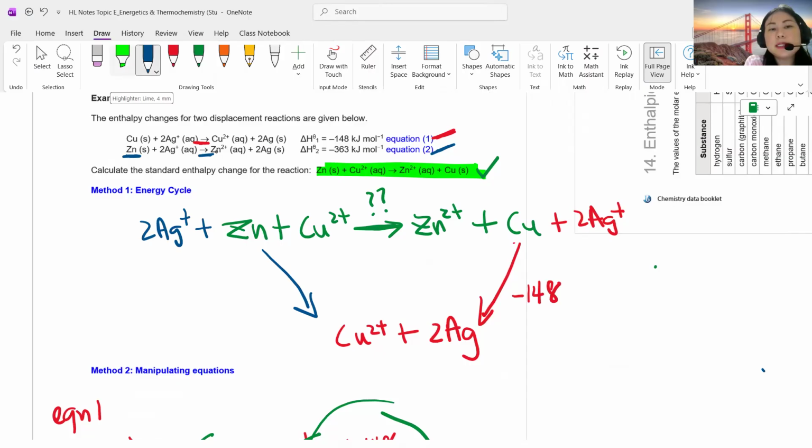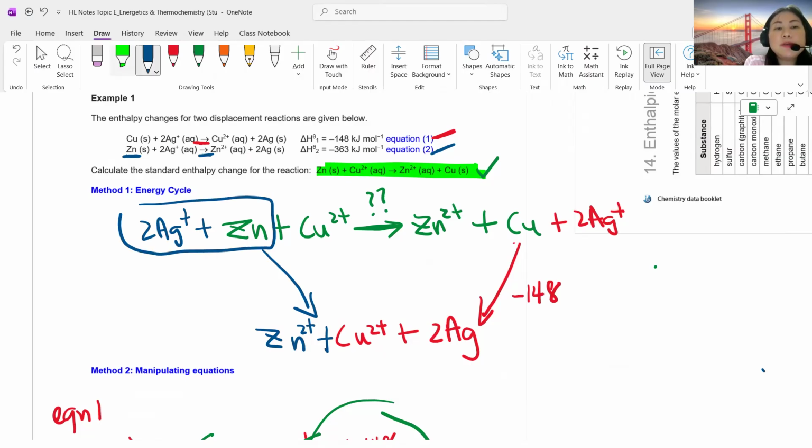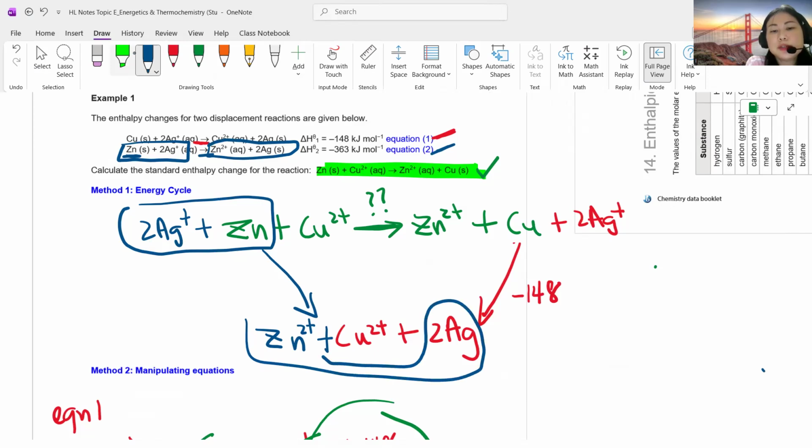And what should I get? I should get Zn2+ plus 2Ag. I have 2Ag, but I have no zinc, so I add zinc here. So it looks very funny, but can you see I'm just hiding equation 2 here? This is the start of equation 2, and at the end, I have Zn2+ and 2Ag. And the value is minus 363.